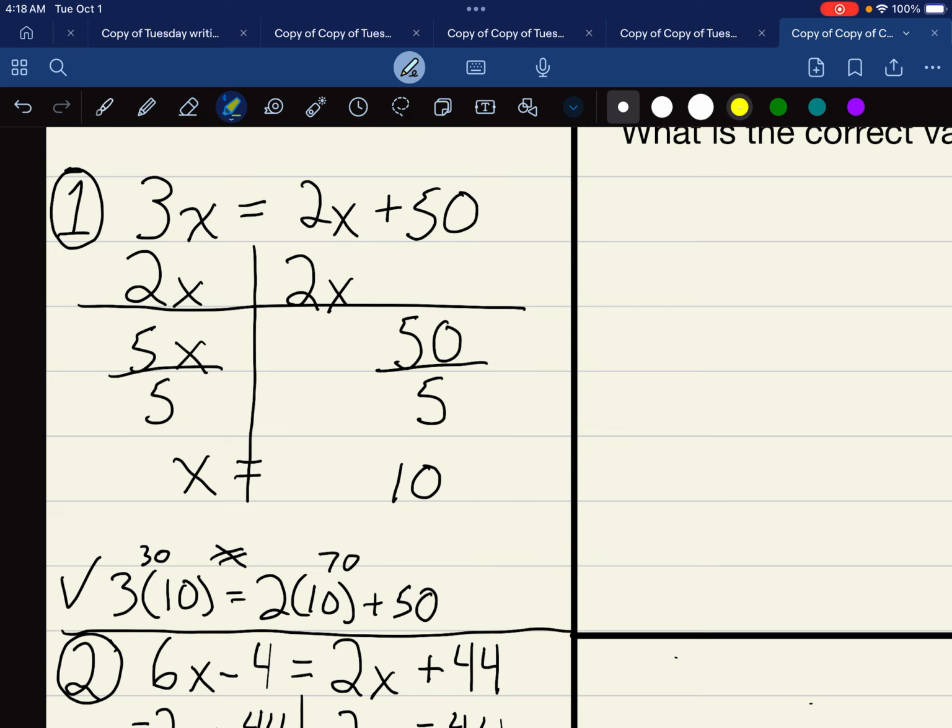Okay, so I start off, there's no parentheses. There's no parentheses. There was no like terms to combine. So variables left, constants right, and divide.